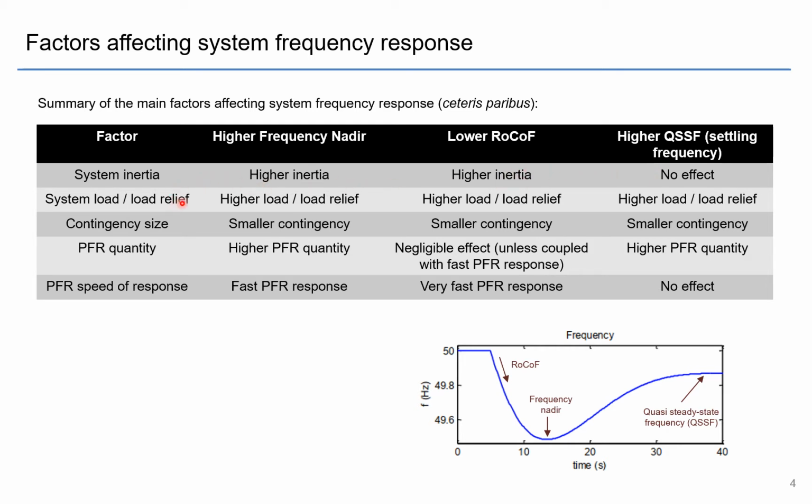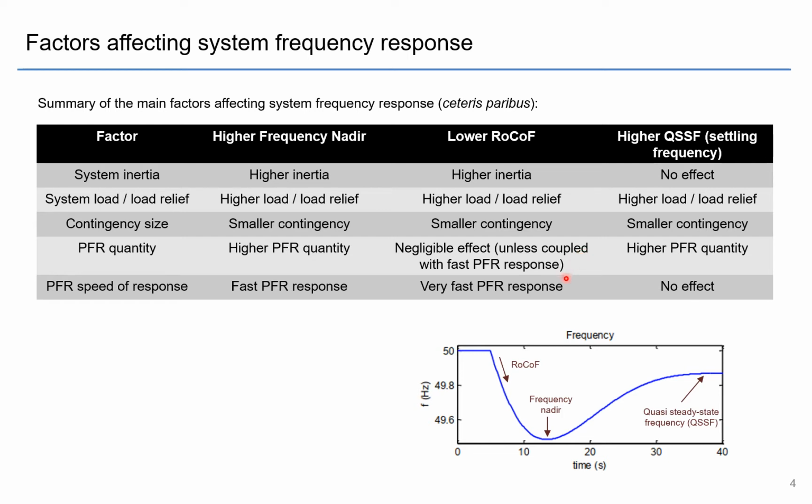In terms of system load and load relief, they really come hand in hand, so I've just grouped them together. Higher load and higher load relief will give you better frequency performance all around. And the same goes for the contingency size. A smaller contingency can generally give you better frequency performance. In terms of the PFR quantity, a higher PFR will give you a higher frequency nadir, but doesn't really do a great deal in terms of the RoCoF, unless you couple it with a very fast PFR response.